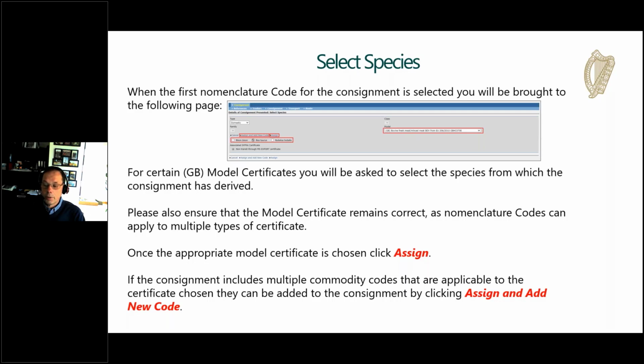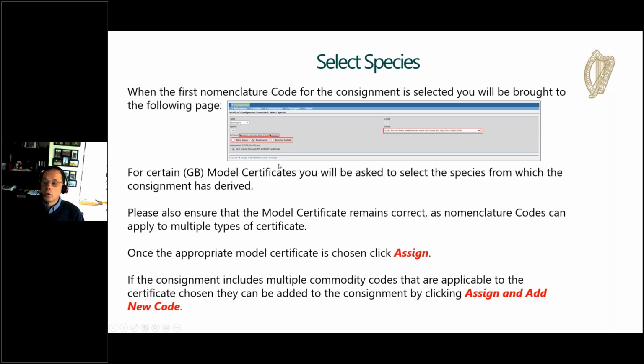Once the appropriate model certificate is chosen, click Assign. If the consignment includes multiple commodity codes that are applicable to the certificate chosen, they can be added to the consignment by clicking on Assign and Add a New Code, just here on the screen, you can see my cursor on it.